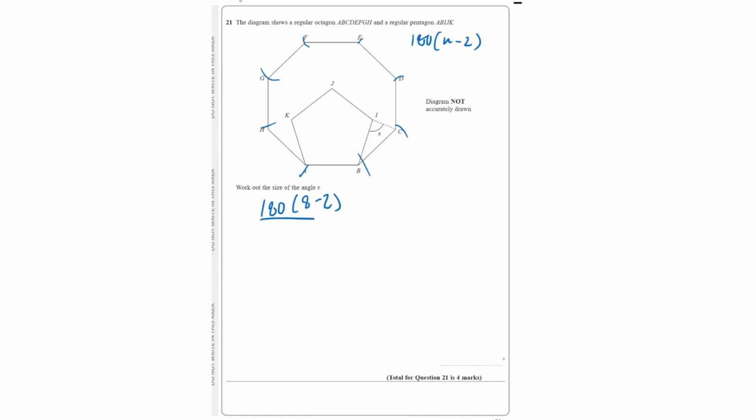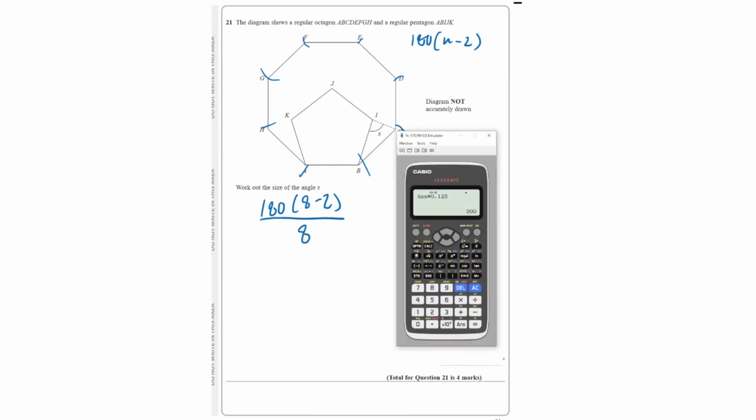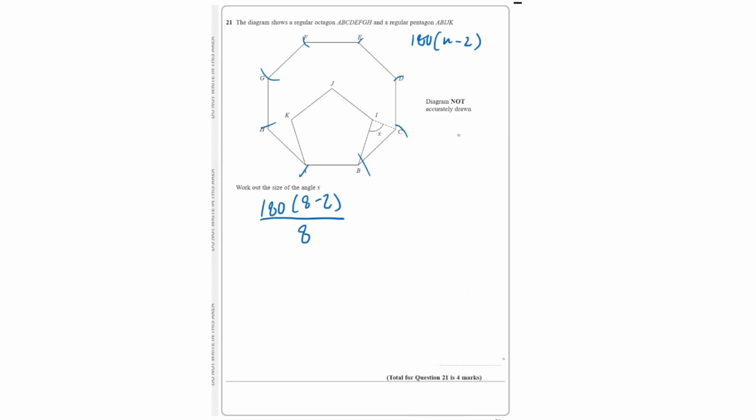So we can divide by 8. And let's use our calculator here. 180 times 8 minus 2, that's simply 6, divided by 8 gives us 135. So what that means is that this whole angle here is 135.